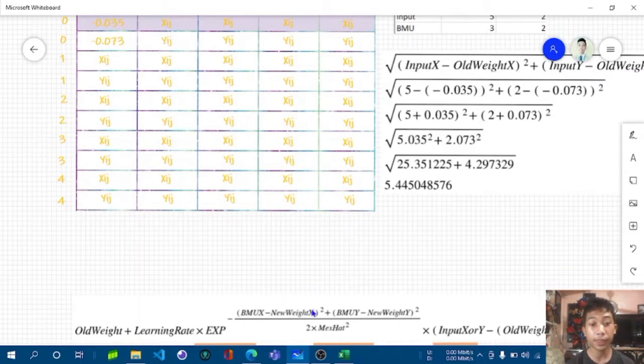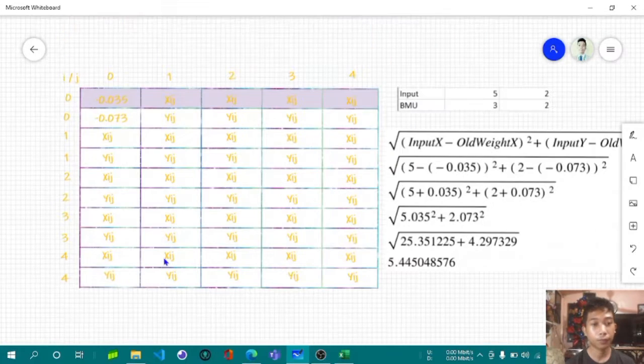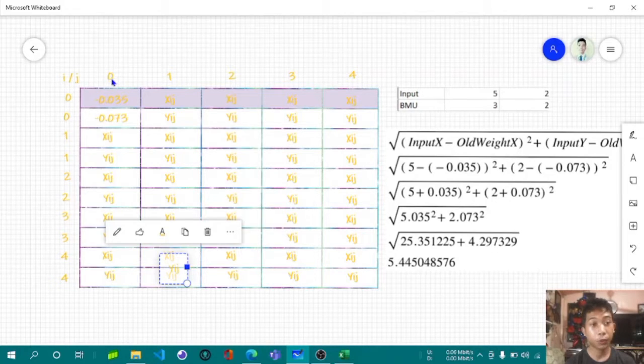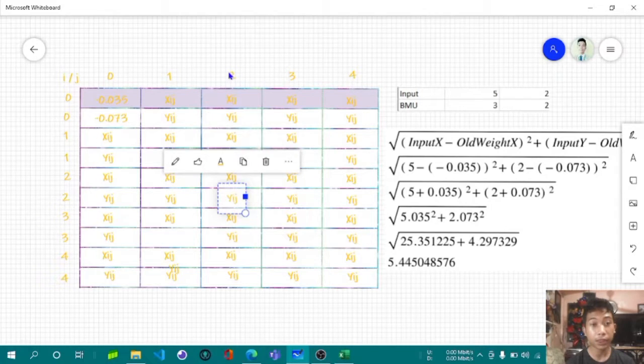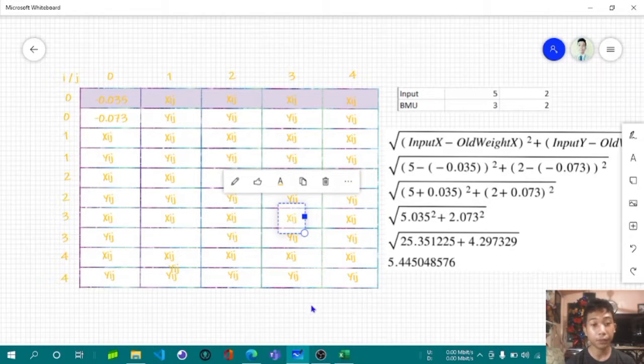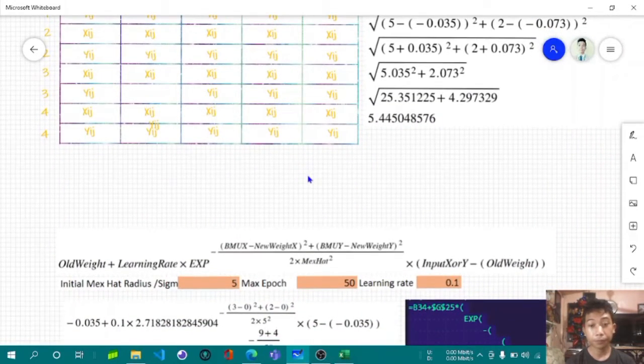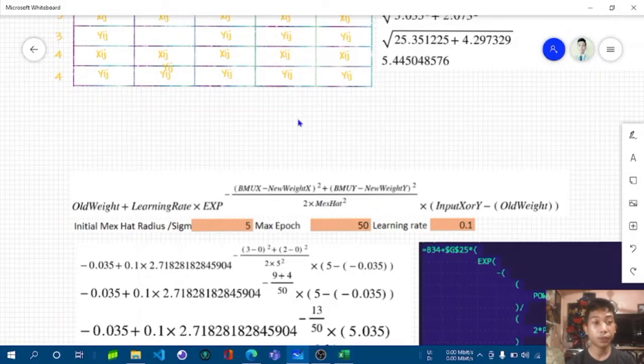What I mean is x would be here 0. If I want to find this, my x would be 0. But if I want to find the value of this one, my x is 2. Just like y, if I want to find the value of this, my y is 3.